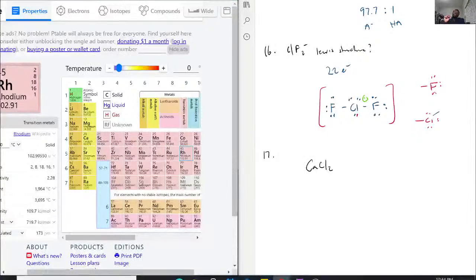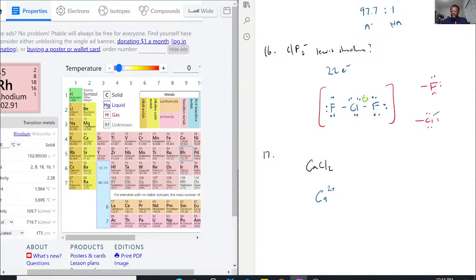Now, in order for calcium to become an octet, would it be easier for calcium to gain 6 more electrons or lose 2 electrons? Hopefully you pick the lose 2 electrons because overall that's dealing with less stress and less effort, okay? So by that, we have the cation of Ca2 plus for calcium, okay?